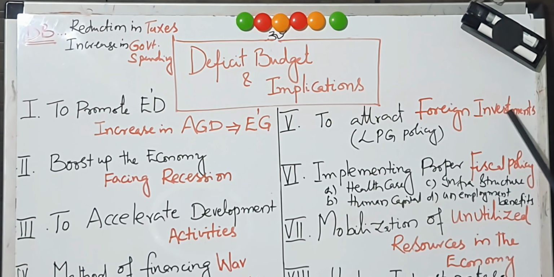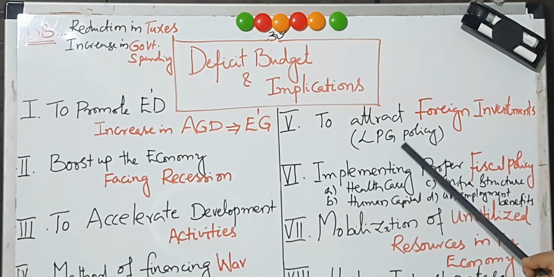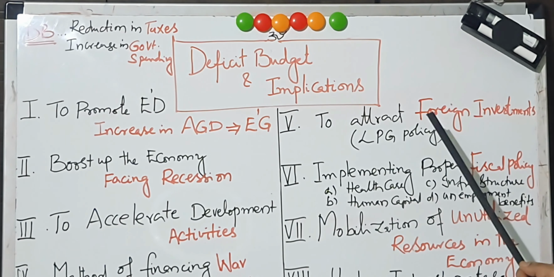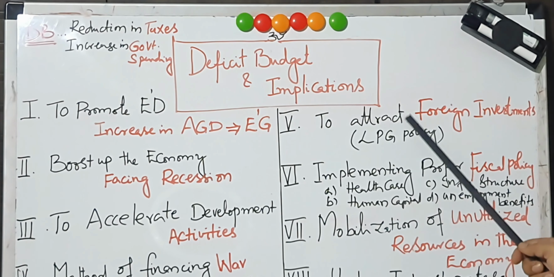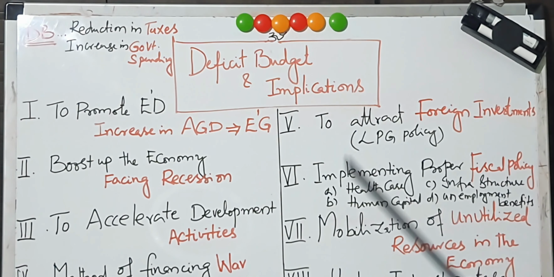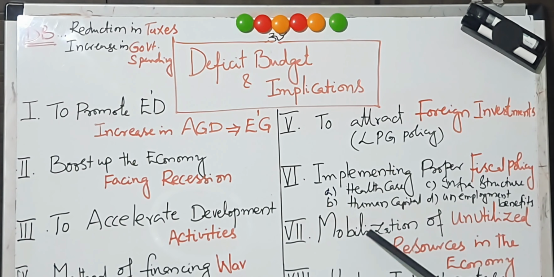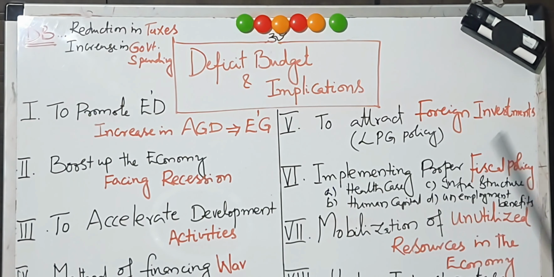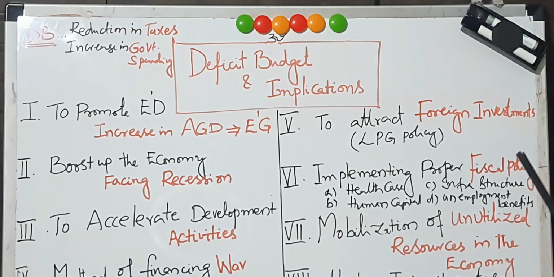To attract foreign direct investors in the present situation of globalization. Implementing proper fiscal policies of the government, mobilization of unutilized resources, higher interest rates, and government bond yields.